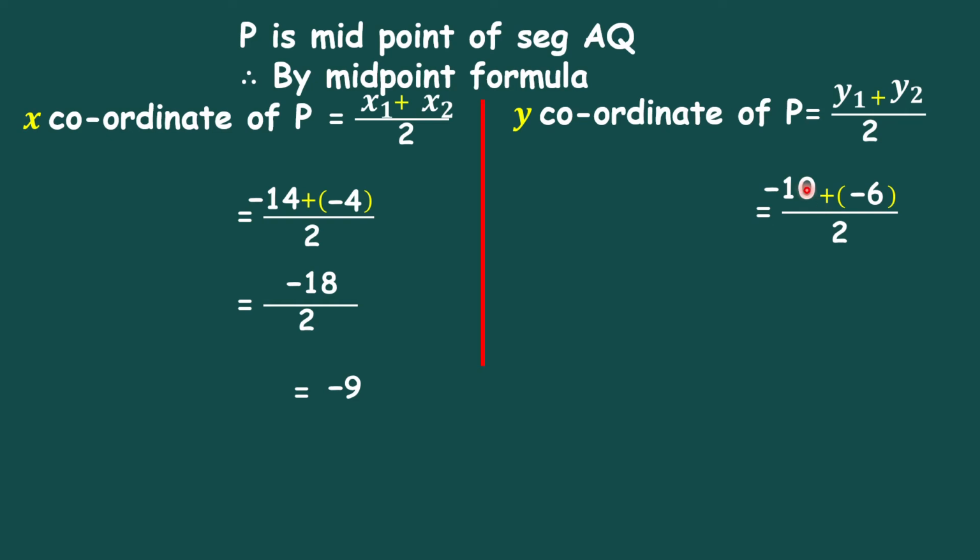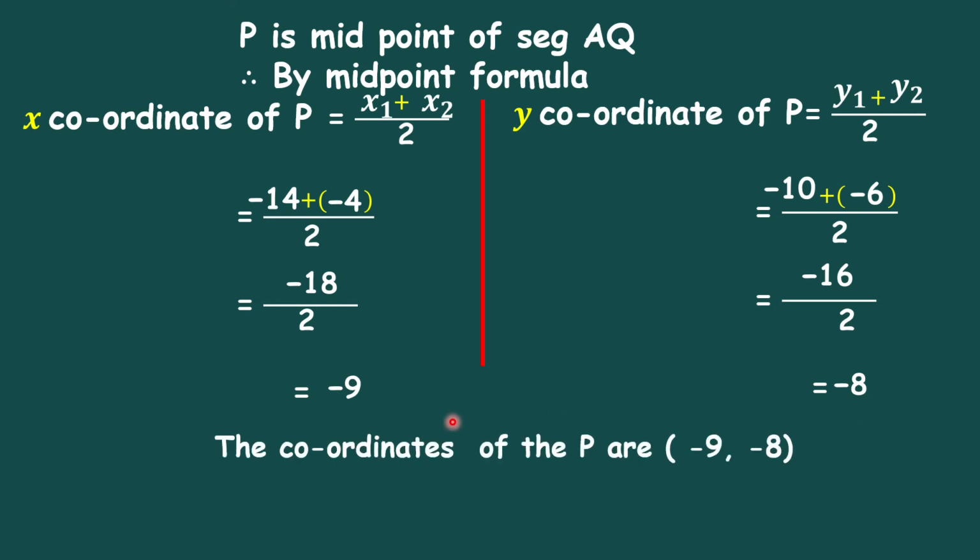Similarly here 10 and 6 have same sign, therefore give the same sign and take addition. 10 plus 6 is 16, therefore -16 upon 2. Dividing by 2 we will get the y coordinate of point P is -8. Therefore the coordinate of point P are -9, -8.